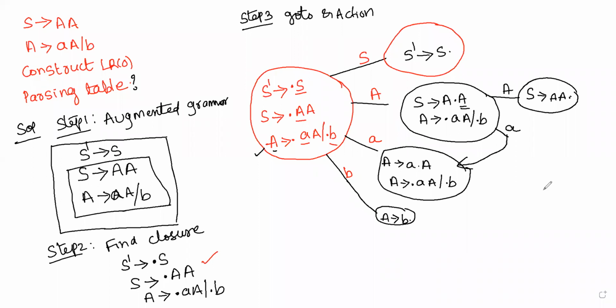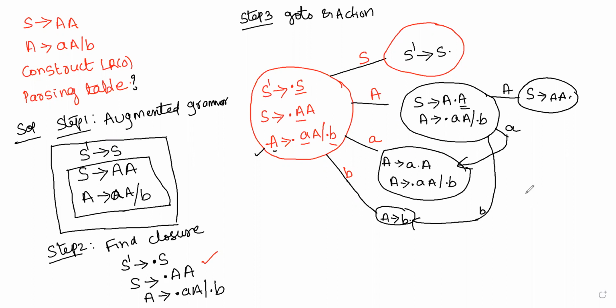Now, what is the value of B? We have one more production, B here. The value of A tends to dot B is A tends to B dot. So now I am going to join this one. This is for B.